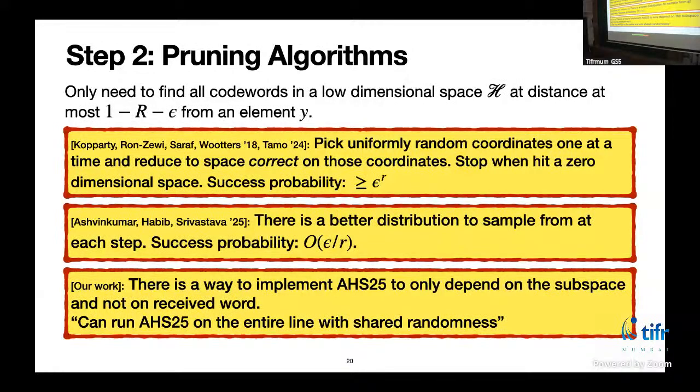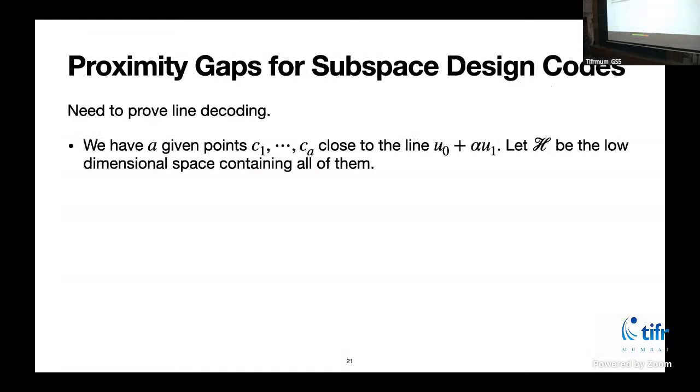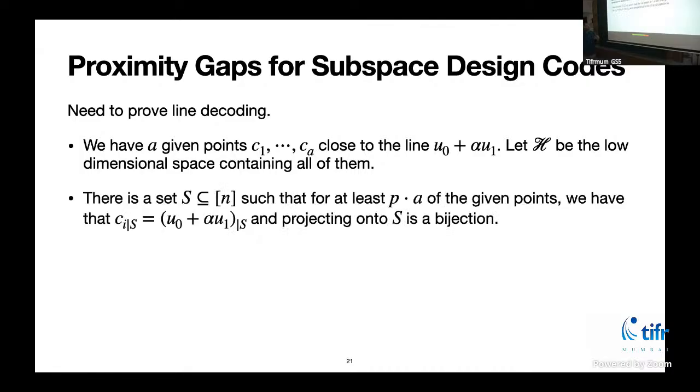So let me lay this out in a little bit more detail. We need to prove line decoding. We have given points which are close to the line, and there is a low dimensional space which contains all of them. Because of the success probability of this AHS algorithm, there is some set.